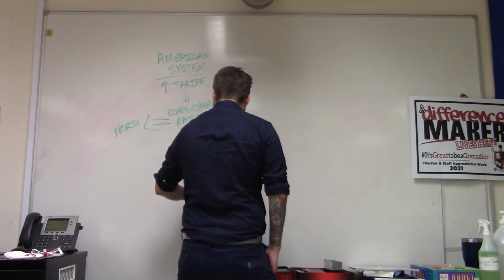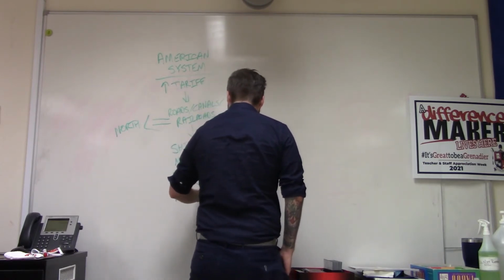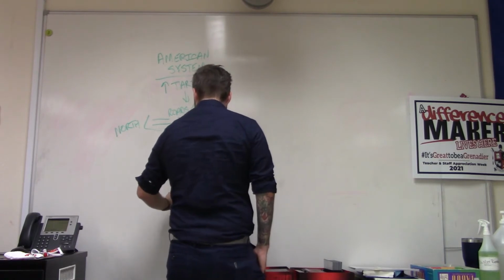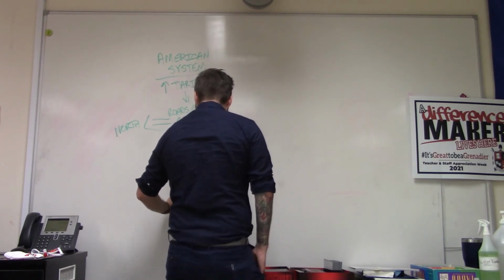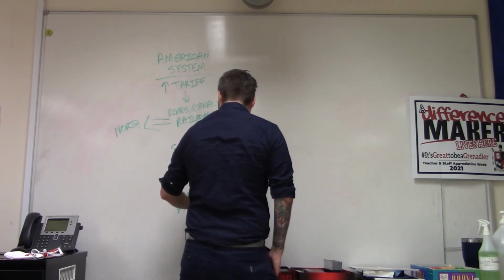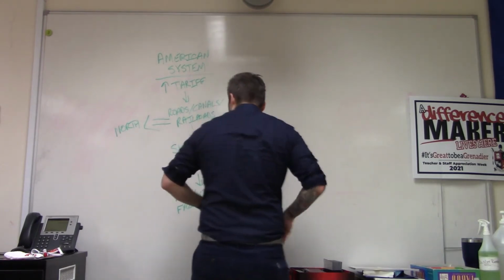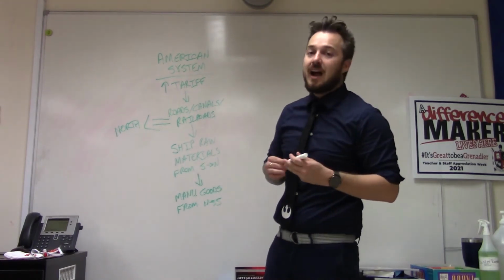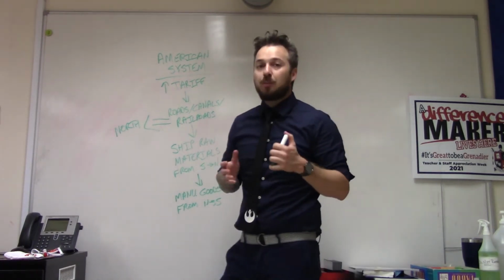We're going to shorten that into manu goods. Once they're manufactured in the factories in the north, they're going from the north back down to the south and sold for profit.